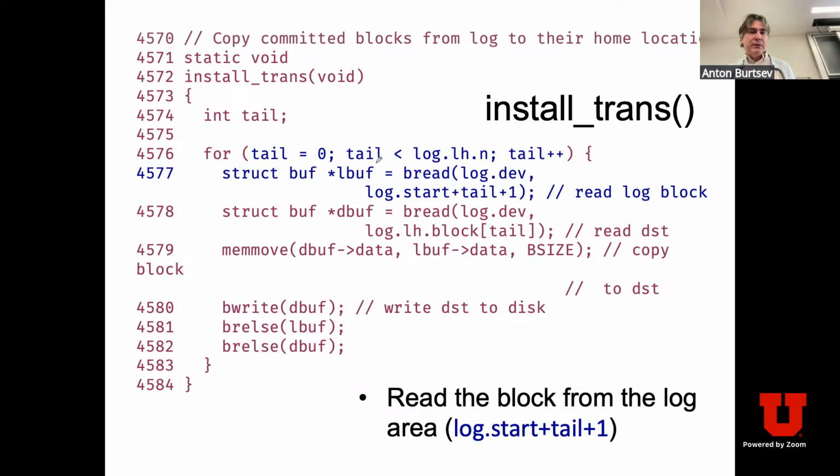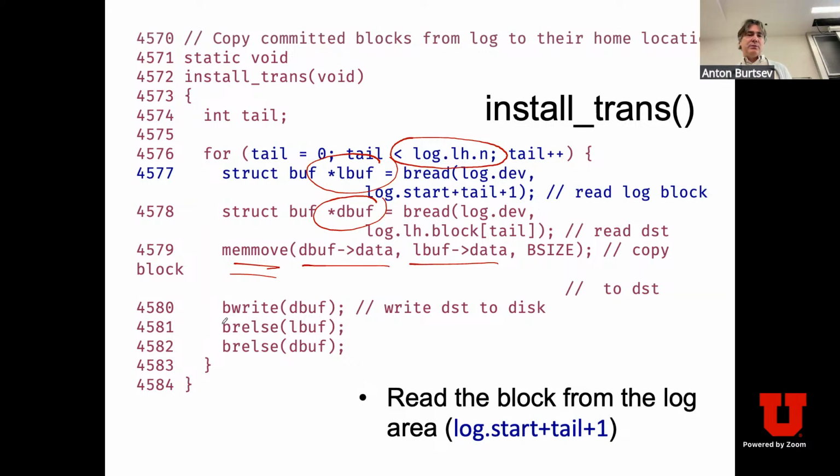One is the block from the logging area, and one is the block from the data area, right? We read them both. And we still use the log in memory to make sure that we have the numbers where they have to go. We simply copy data in memory from the logging block to the data block, and then we write them back to disk.